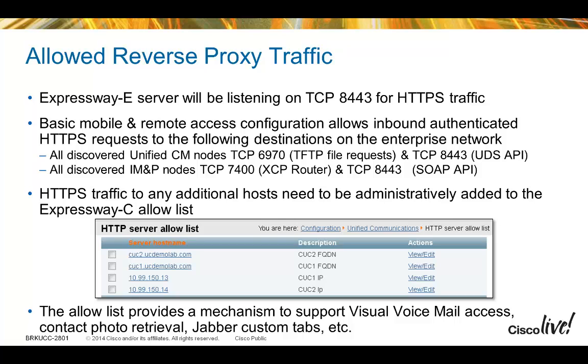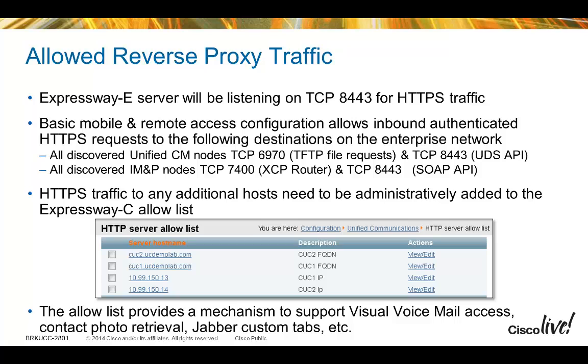We'll also allow TCP 6970 for TFTP, or HTTP more accurately, to your TFTP servers. So by default, those will be there. All your IM&P nodes that you've discovered will allow the XCP router-to-router connection on 7400, and also the SOAP API on 8443. So you don't need to do anything there. That's basically what's allowed from a reverse proxy perspective once you discover those nodes.